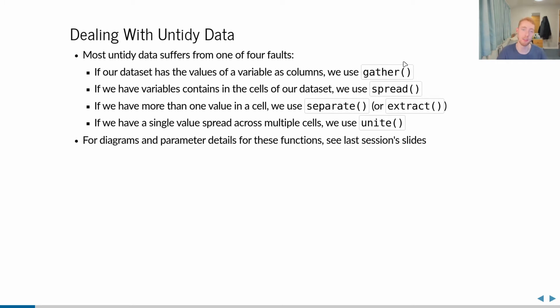And spread did the opposite of that. It took 2 non-variable columns where one of those columns contained variable names and spread those out into their own columns. These were collectively known as pivoting operations, and there was a newer API, pivot longer and pivot wider, that you can use instead of these.